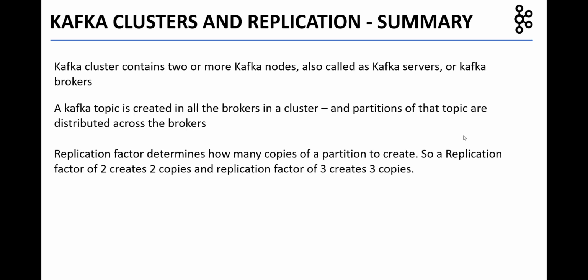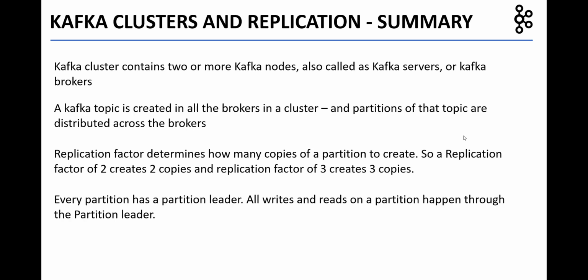Replication factor determines how many copies of a partition to create. So, a replication factor of 2 creates 2 copies, and a replication factor of 3 creates 3 copies. Every partition has a partition leader, and all writes and reads on a partition happen through the partition leader. Other partitions copy the data from the leader to be in sync.